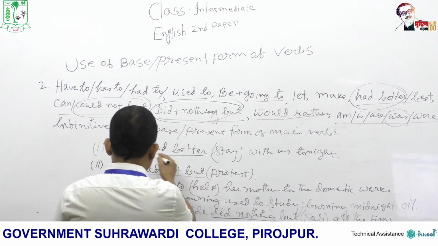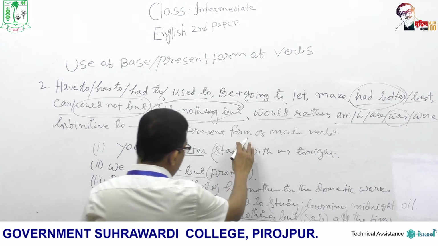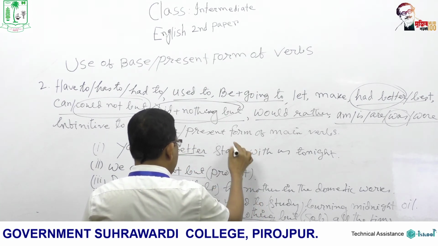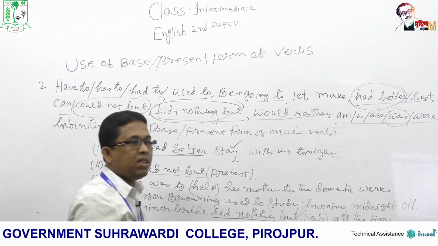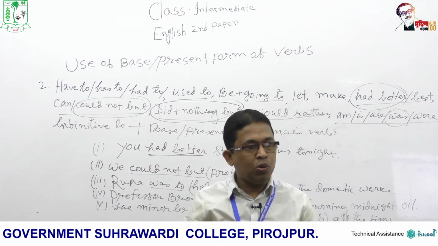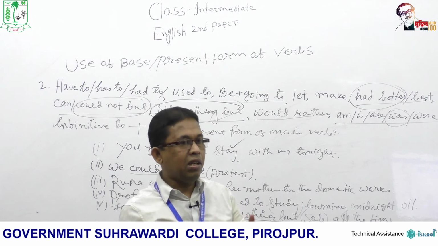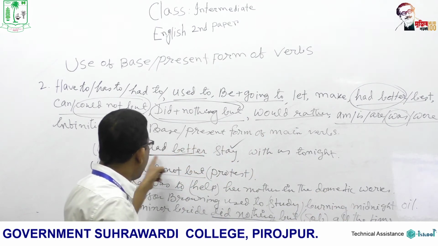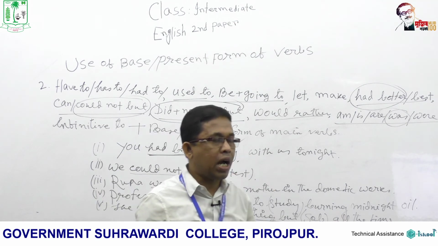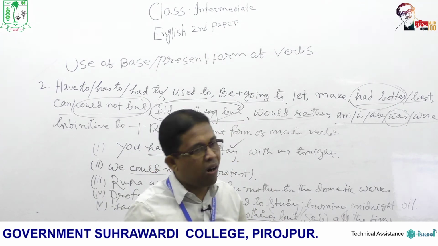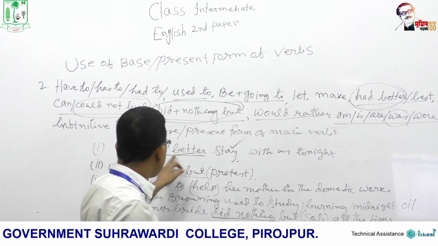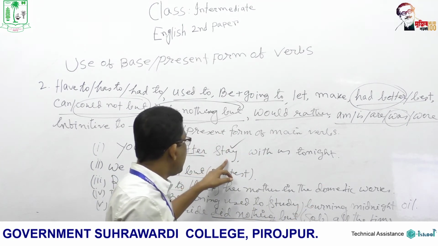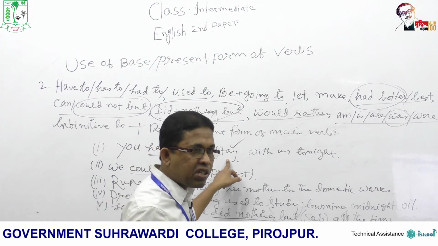After had better we have to use the base form of main verbs, that is, stay. The forms of stay are stay, stayed, stayed. If you use stayed, that is, you had better stayed with us tonight, it is wrong, because after had better we have to use the base form of main verbs. So stay is correct.